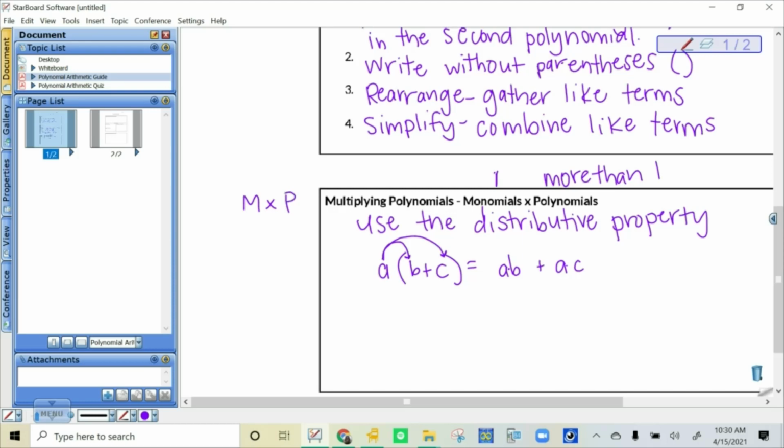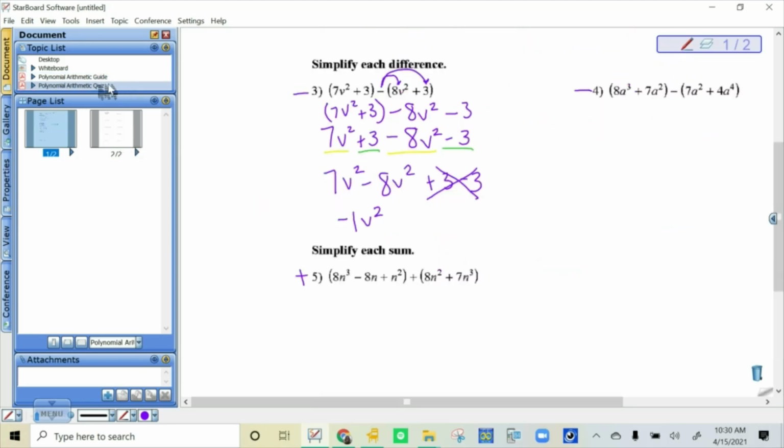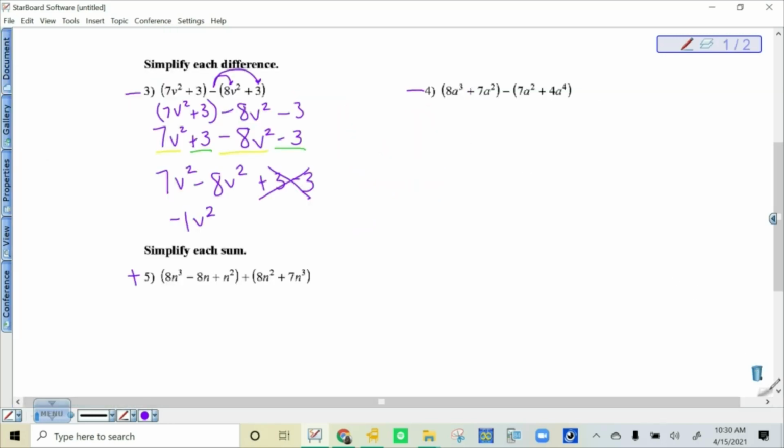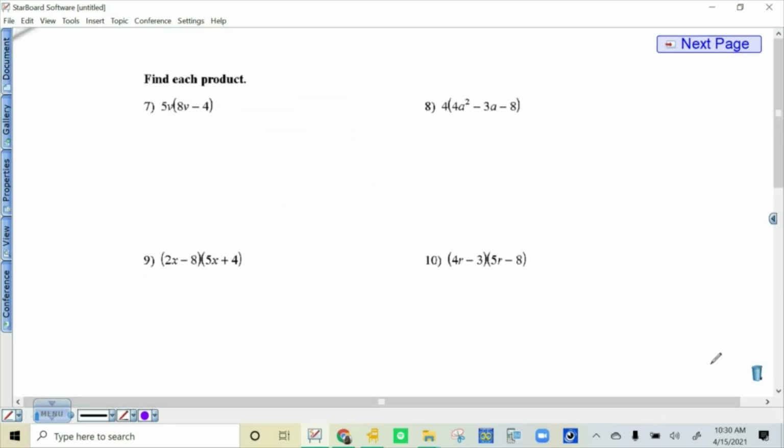There's two examples. Two questions. Which numbers are they? Yeah, I think someone said it. 7 and 8. Monomial times polynomial.